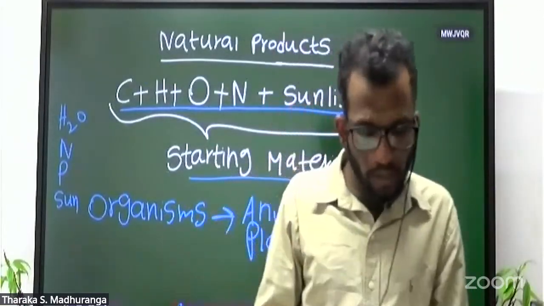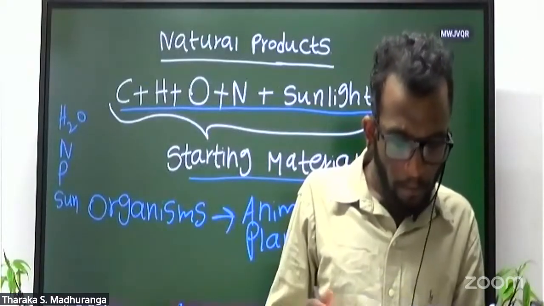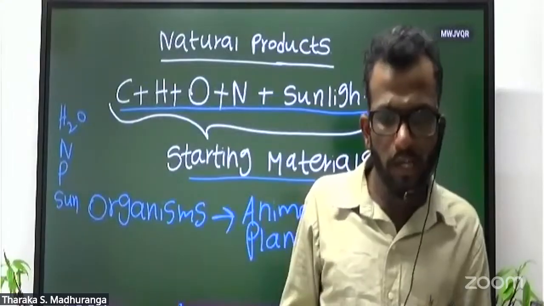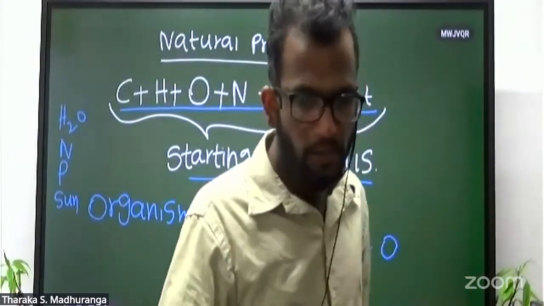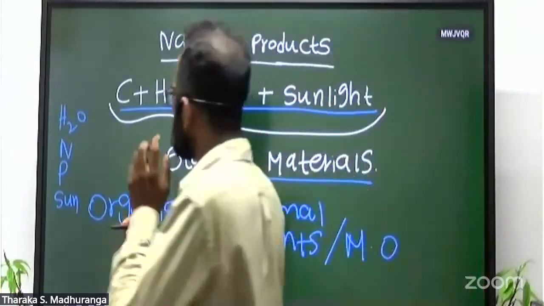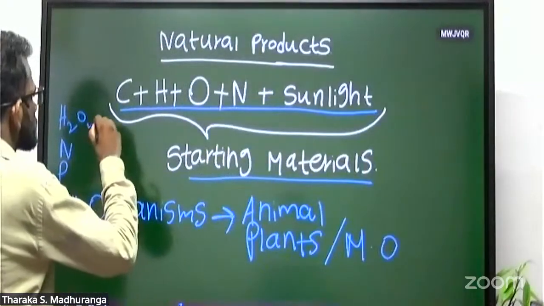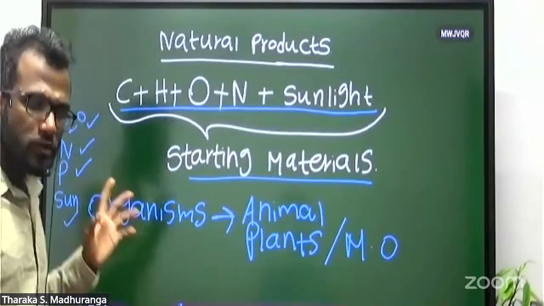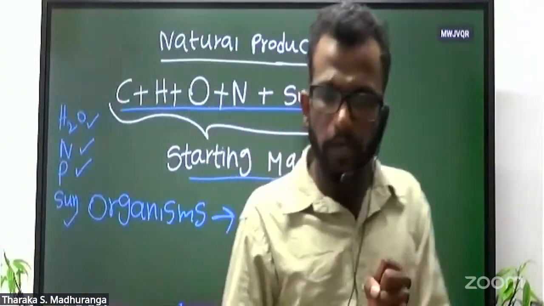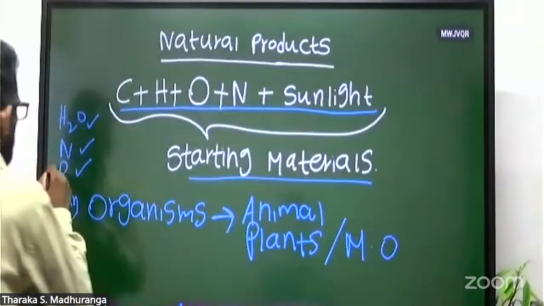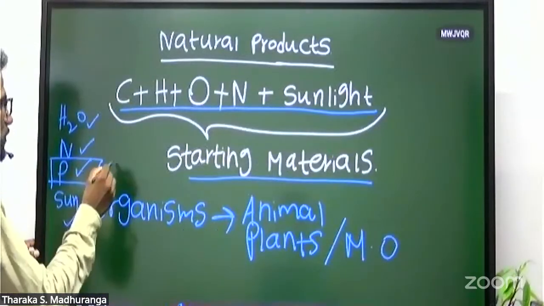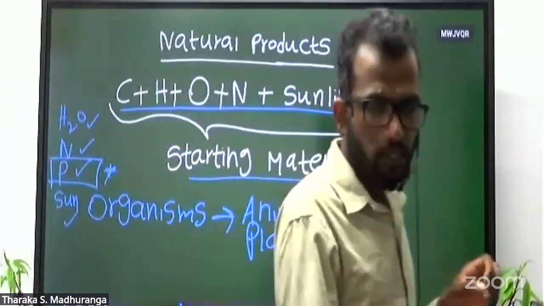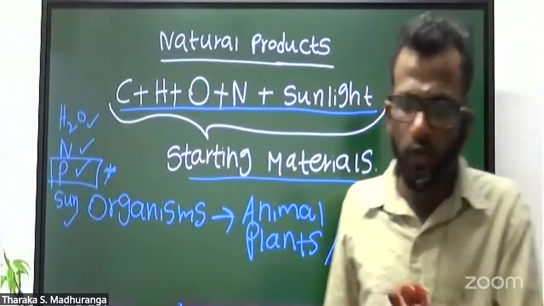Write down another definition for natural products at the same place. This answer is also correct. Then you have to mention H2O, nitrogen, phosphorus, and sunlight. Phosphorus is not a compulsory compound in your answer, but if you include it, no issue.